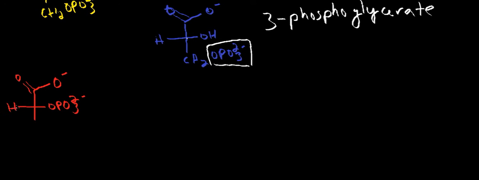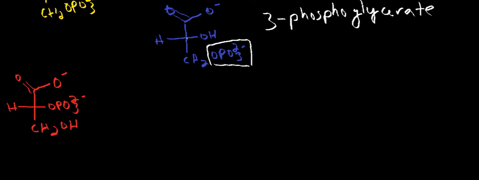Our H is still there, and our CH2OH this time. And what happened is this phosphate group actually moved up, and now you have a CH2OH there.